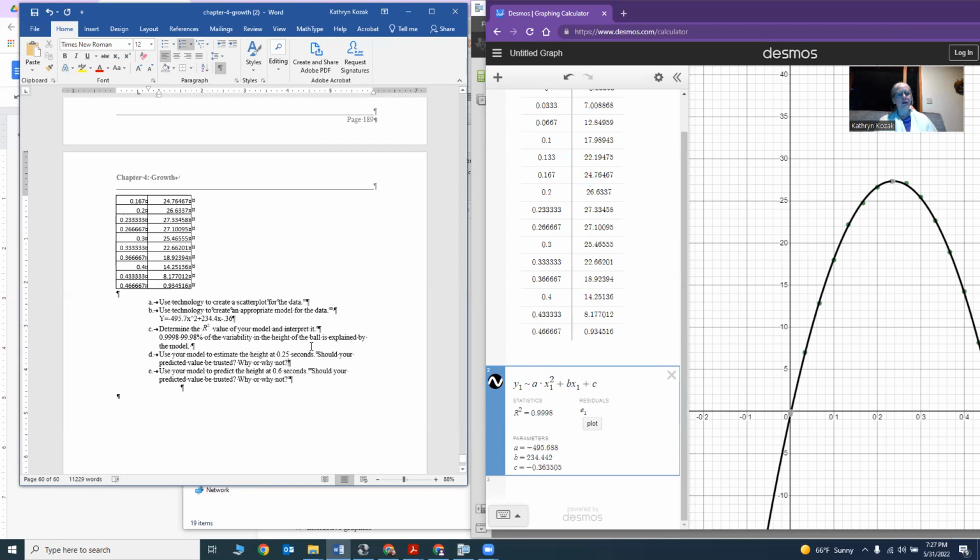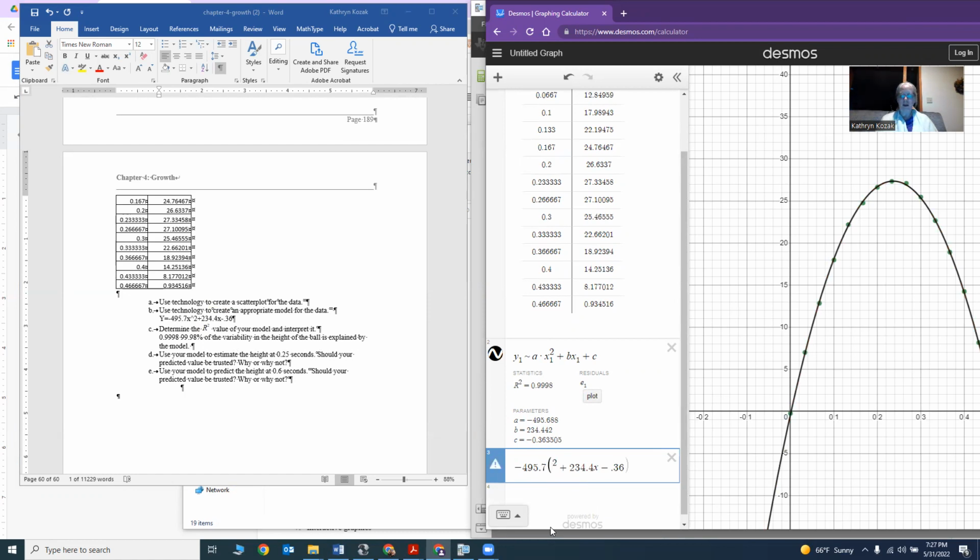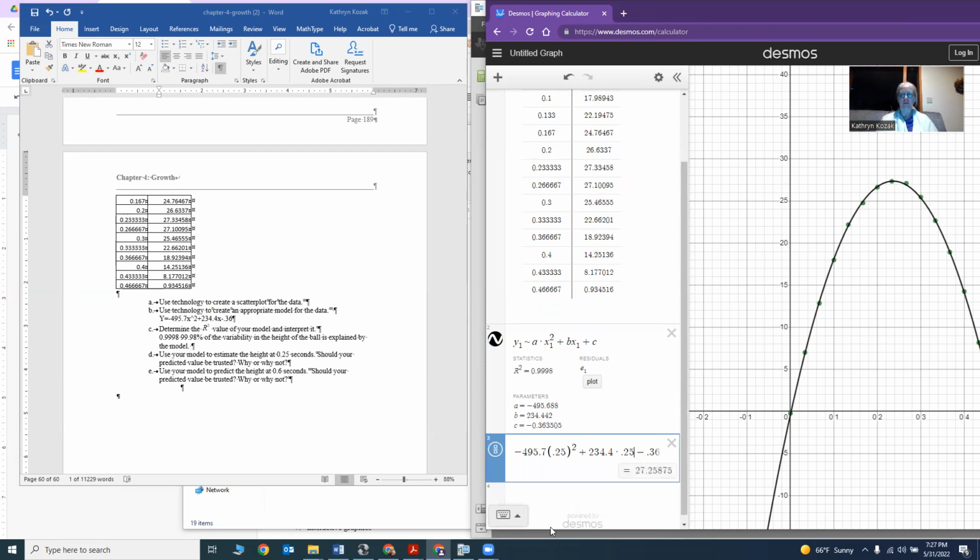And in fact, we can use this model to estimate the height at 0.25 seconds. So I can actually copy this model. You can either type it into your calculator, or you can copy and paste it or type it into Desmos. I don't care. I'm going to copy and paste because I'm a little lazy here. My x I want to use is 0.25.